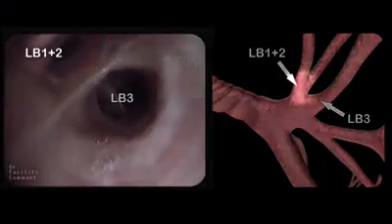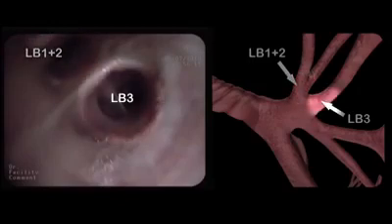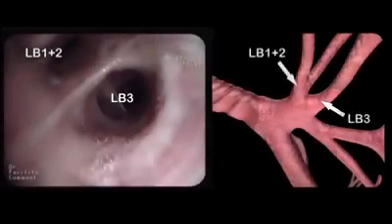Here we can identify the apical posterior segmental bronchus, or LB1 plus 2, and the anterior segmental bronchus, or LB3. The LB1 plus 2 is often difficult to inspect because of its steep angle.